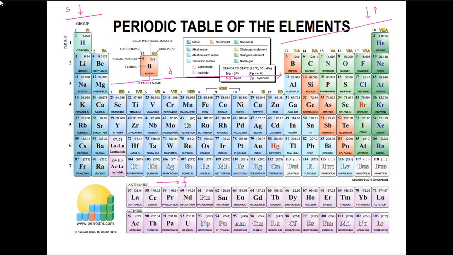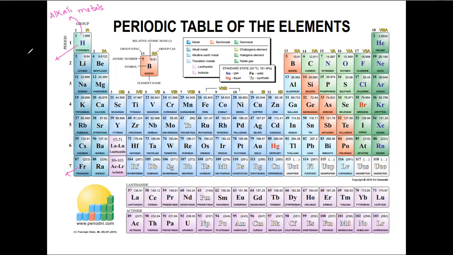Then let me just tell you some more things. You know the elements of this first A group. Of course, except hydrogen and francium, the remaining all are called alkali metals. You just remember the name now because we have a very big discussion with regard to alkali metals. I'll tell you all of them later.